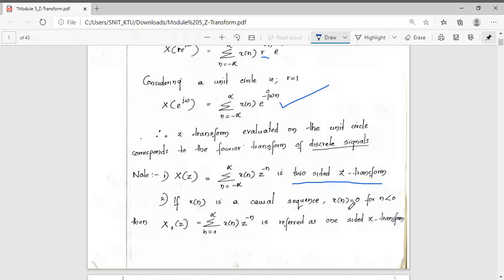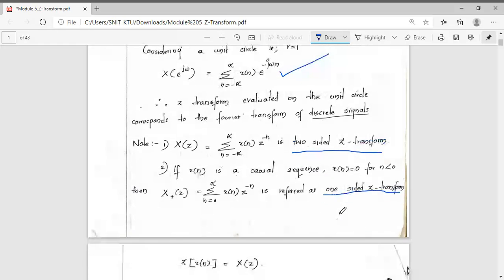If we consider a causal signal or causal sequence, then its Z transform will be X plus of z, the plus sign being there because we are considering a causal or positive sided signal. So X plus of z will have its limit changed from 0 to infinity. So it is right sided causal. x of n z raised to minus n. This is known as the one sided Z transform.